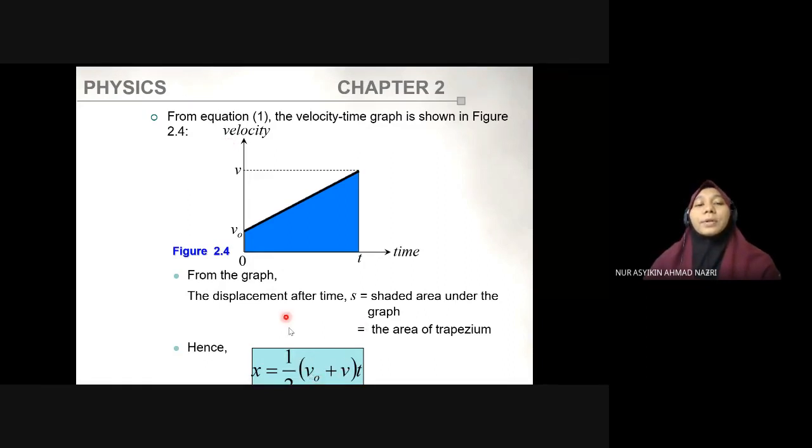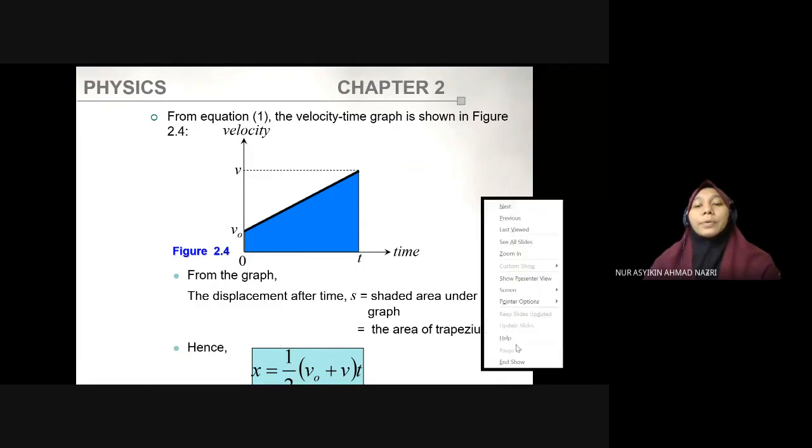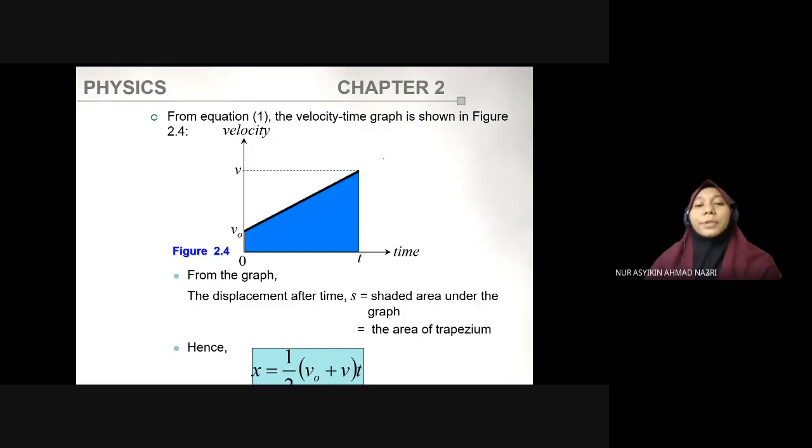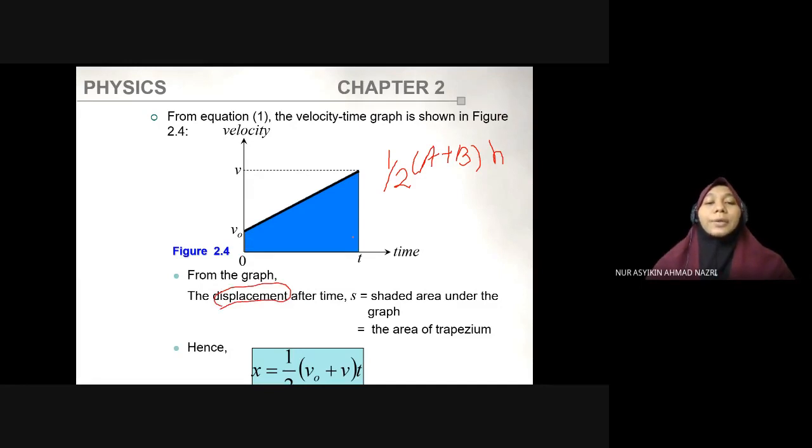If you recall your trapezium equation, the area is equal to half (A plus B) times the height. For this case, displacement is the shaded area under the graph, and the shape is this trapezium.